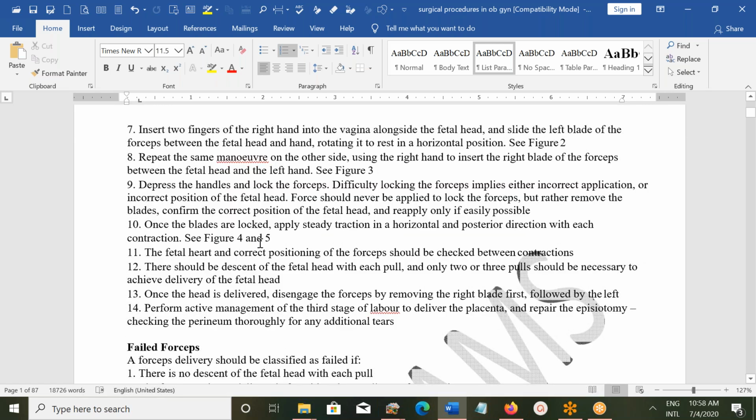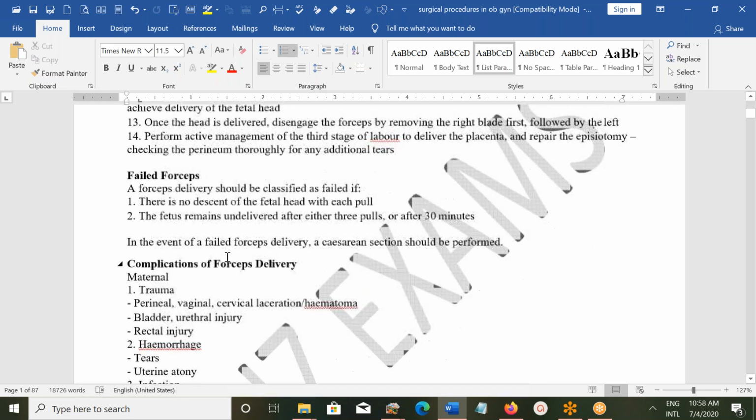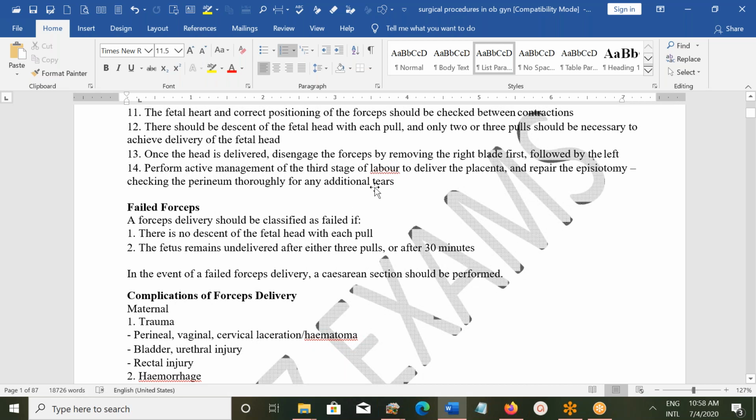Once the blades are locked, apply steady traction in a horizontal and posterior direction with each contraction. The fetal heart and the correct positioning of the forceps should be checked between contractions. There should be a descent of the fetal head with each pull, and only 2 or 3 pulls should be necessary to achieve delivery of the fetal head.